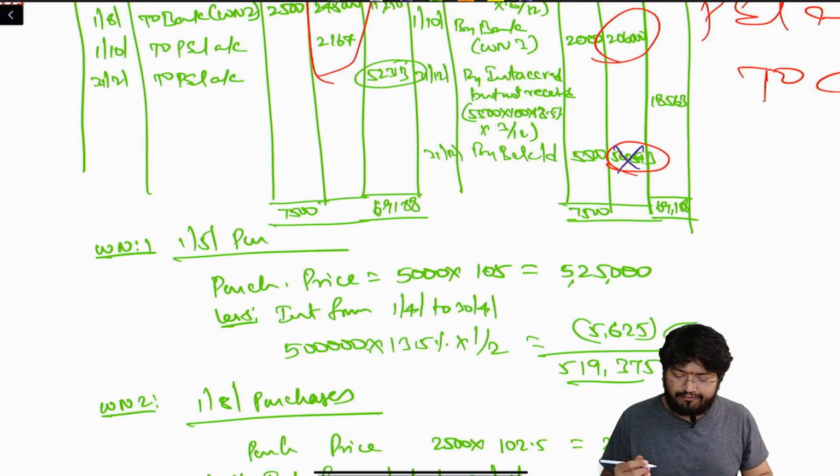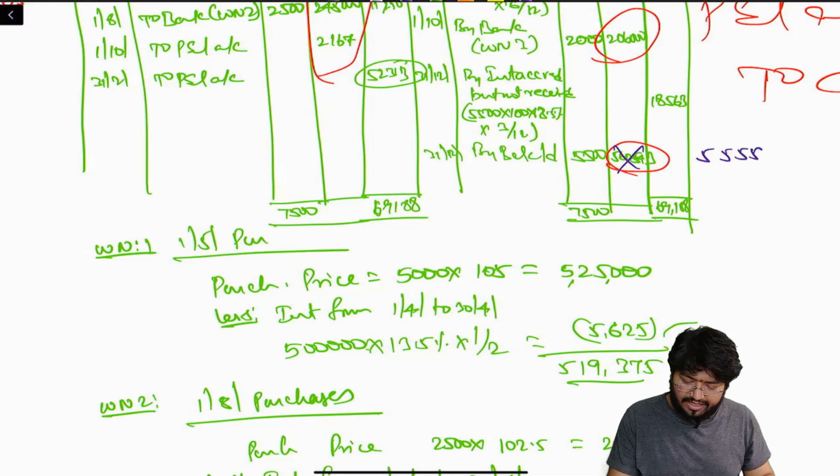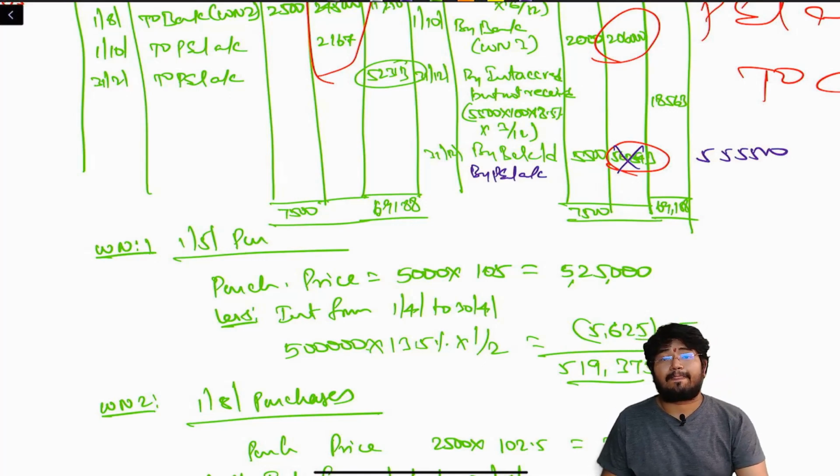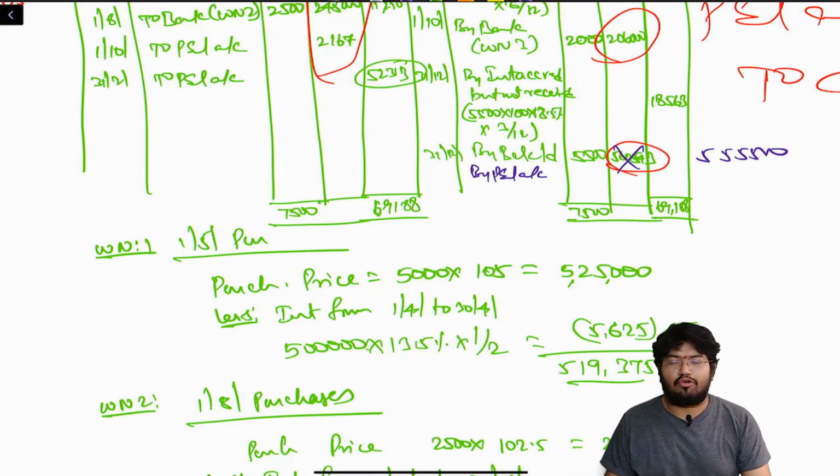Instead of 5,60,543 you will take 5,55,500, and the difference between these two you will charge off to P&L. Am I making sense? So this is how you do it in case you have NRV lower than cost.